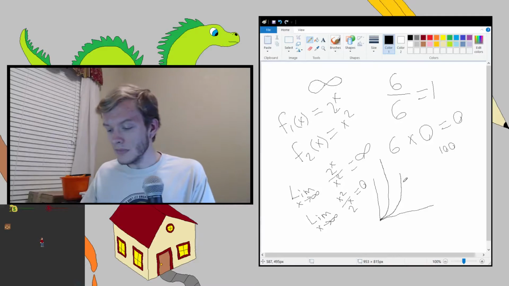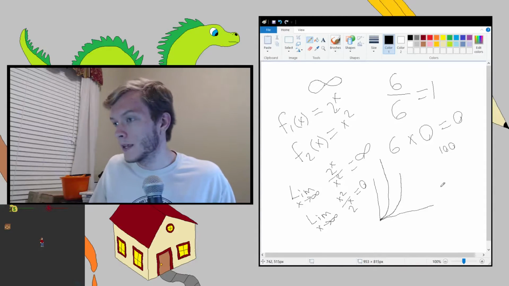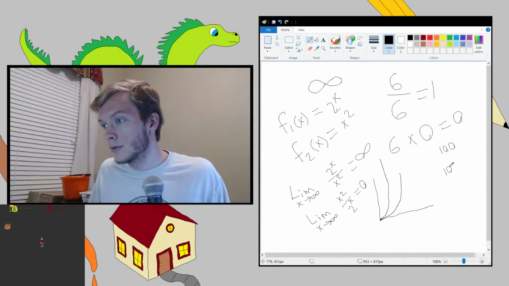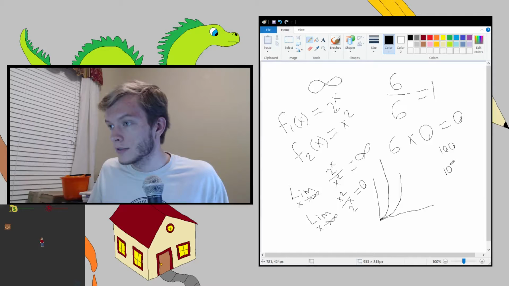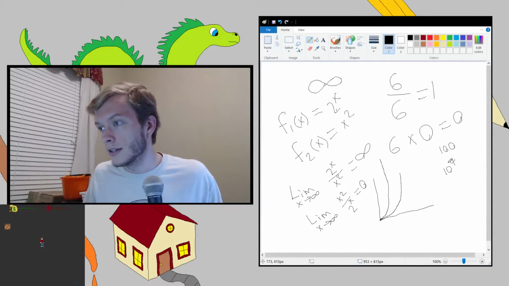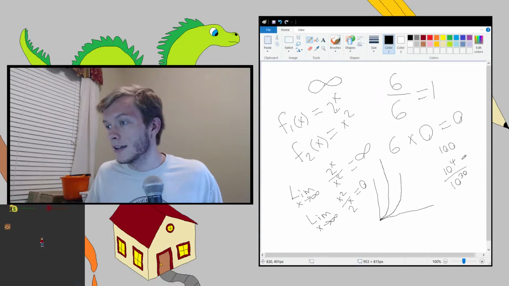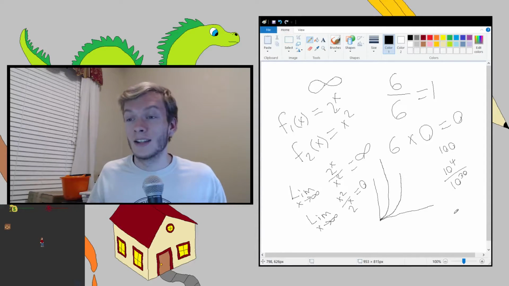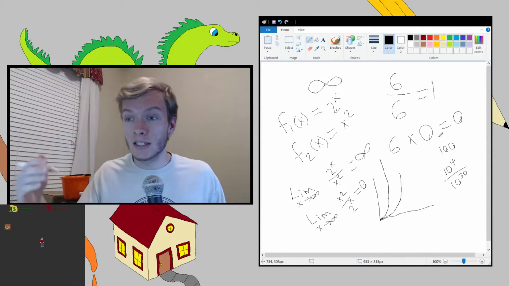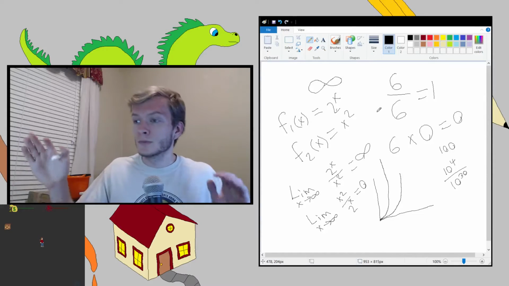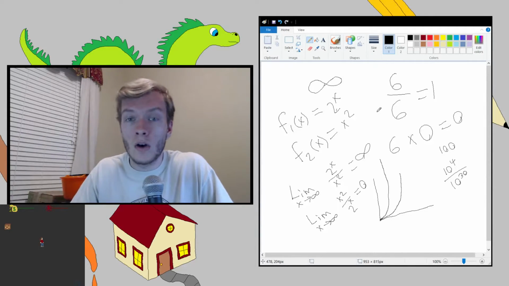So if we are just rounding here, then we have 10 to the, what is that, the 4th, because 100 squared is 10 to the 2 to the 2, and then 10 to the 30th, and you can see how this is less than 1 by a lot. But then if we flip this, then you can see that it is still significantly greater than 1. It is a huge number. So this is the idea that not all infinities are the same.